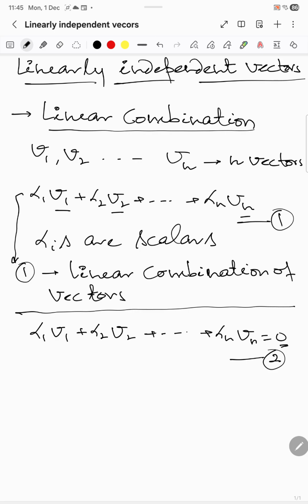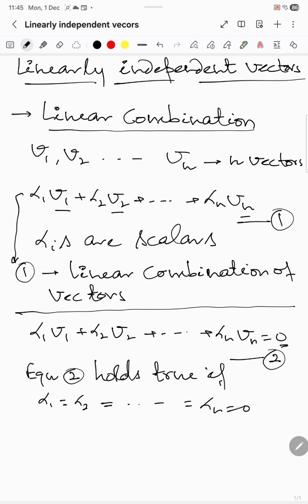Now one thing is very much clear, that this equation 2 holds true if we put all these scalars as 0. If we put alpha 1 as 0, alpha 2 as 0, and so on, then it is very clear that equation 2 is true.